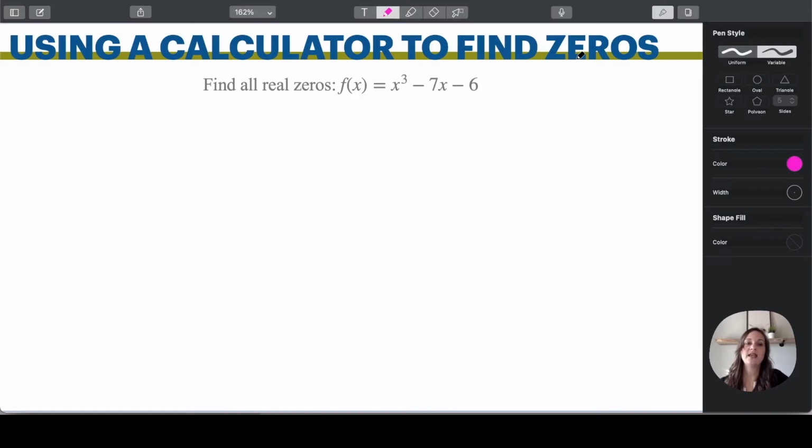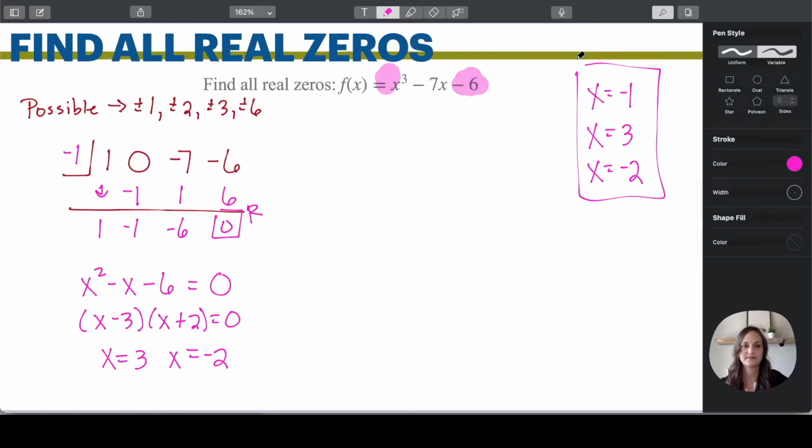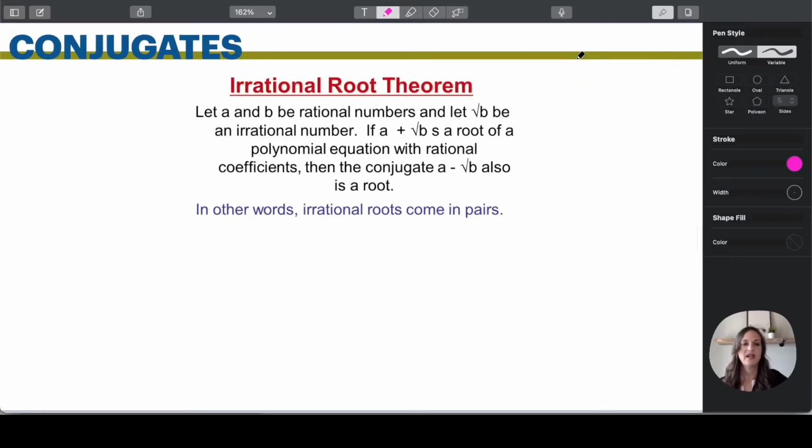Now, there is a way that you can actually do this by a calculator. Now, there is something called a conjugate. By the irrational root theorem, basically, if you have two numbers, a and b, and if a plus the square root of b is a root, meaning it is a 0 of a polynomial, then its conjugate is also a root.